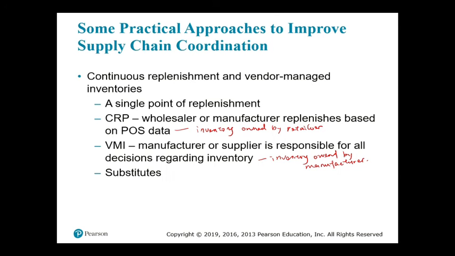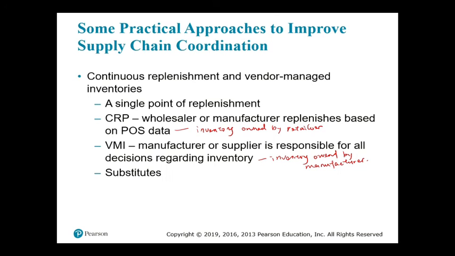So because the products are highly substitutable, the inventory or demand of one product is going to impact the demand or inventory of the other product. So that could lead to questionable inventory management if the replenishment of these products are treated independently.